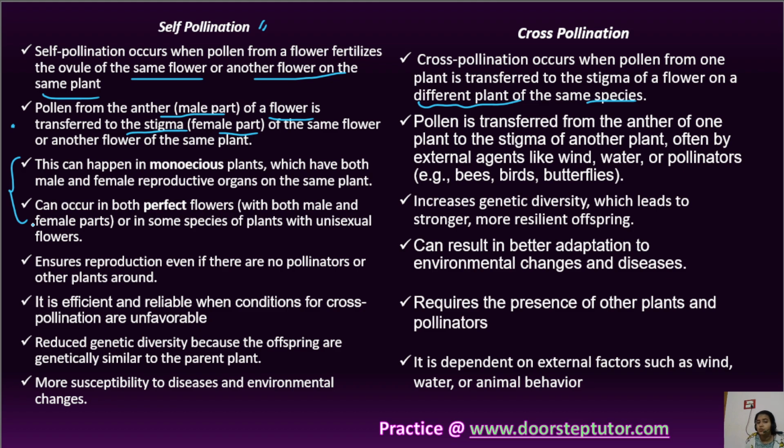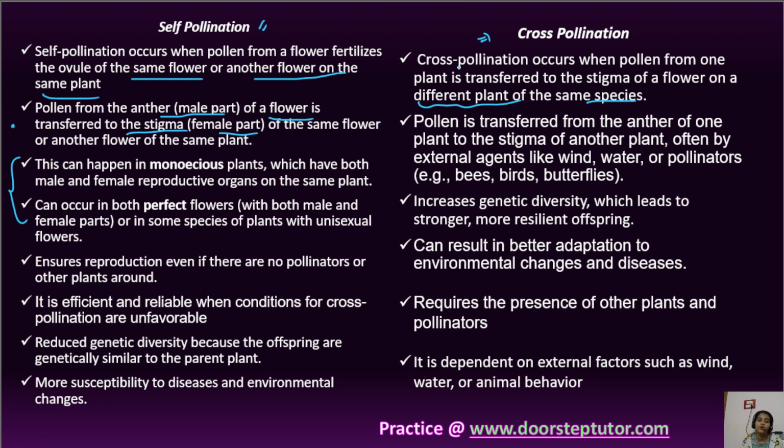If the flower is unisexual, then the pollination will occur to another flower but on the same plant. In case of cross pollination, pollination will always be on another flower of another plant.